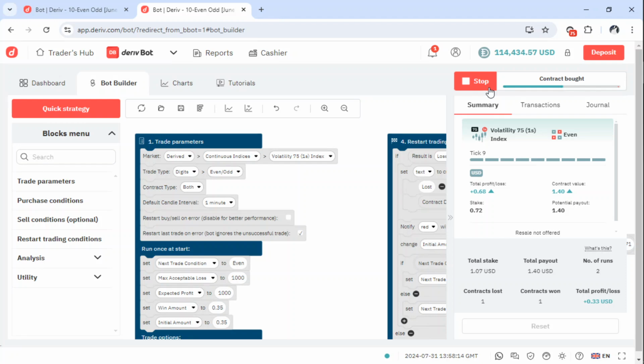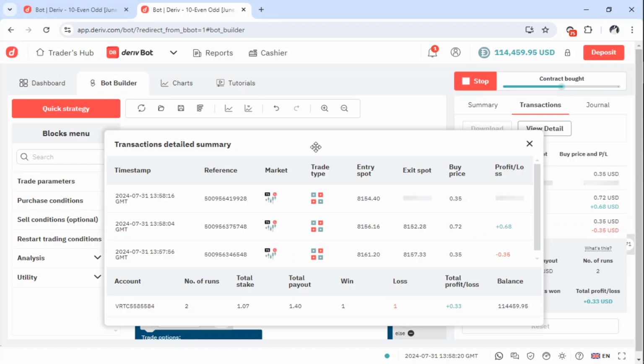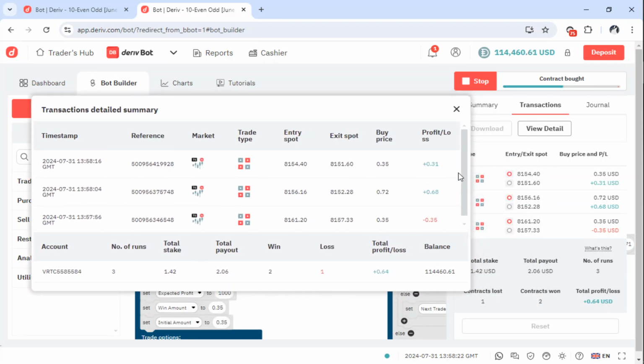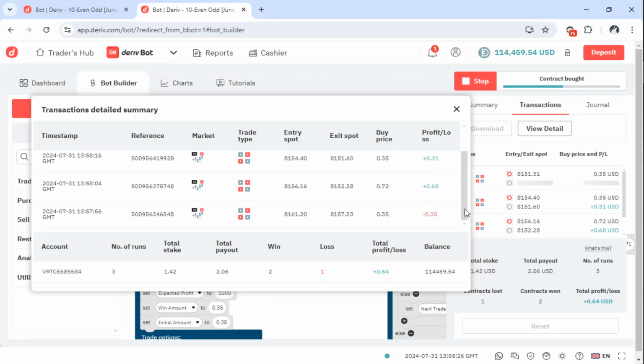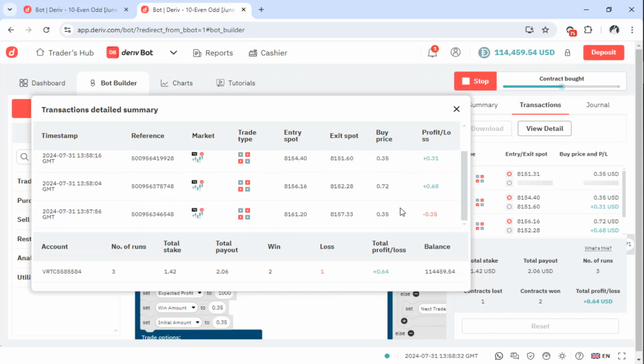Now let me say something here. If you want to display them in large, you could go to transaction view details, and you will see this amount. So the amount of money we are staking, if we lose, we are staking 0.37.